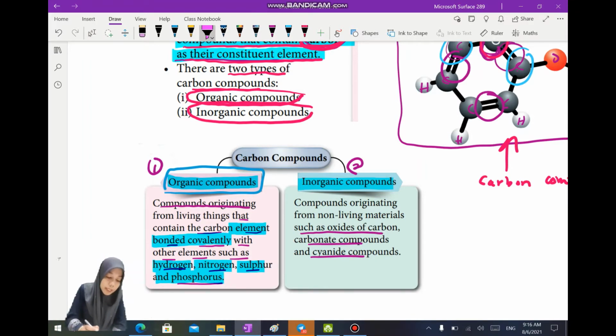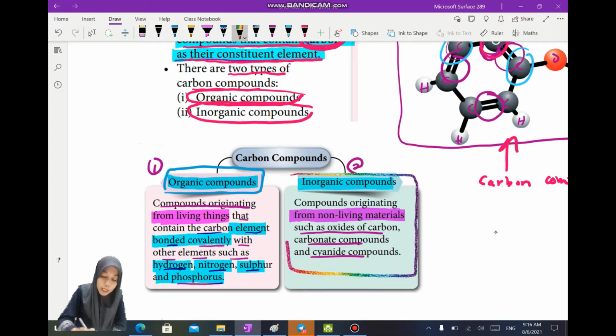Organic compound from living things, manakala inorganic compound from non-living materials. For the inorganic compound, kamu hanya perlu tahu maksud sahaja. Tak perlu tahu details sebab out of our syllabus. Nanti kita akan belajar details berkaitan dengan organic compounds.